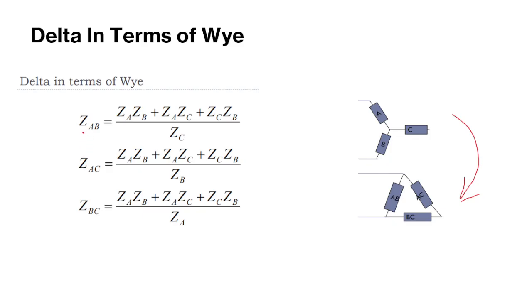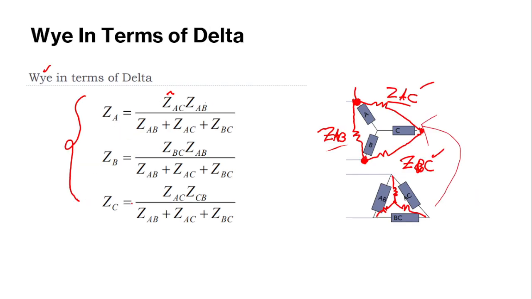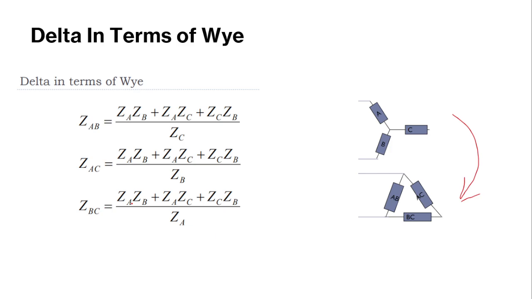So ZAB, if you see the pattern, ZAB, ZAC, ZBC: you have BC there, and the other two are always there, which is just the opposite of this. You just end up with the products on the numerator, and then you're dividing by the opposite. So for ZAB it's ZC, ZAC, ZBC.